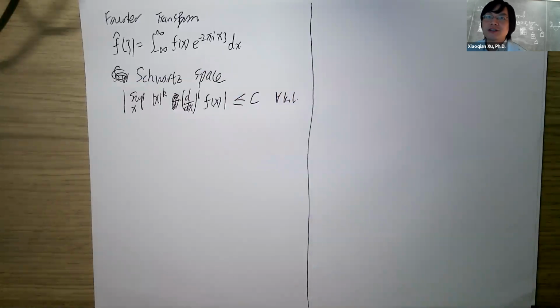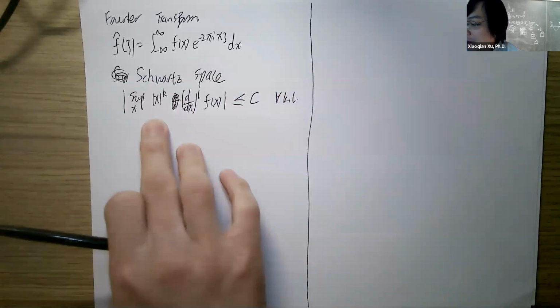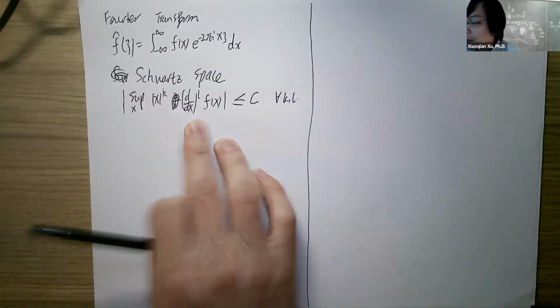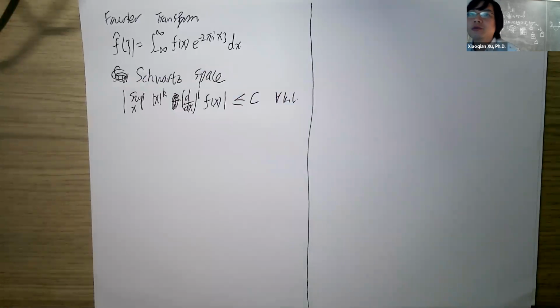You can take an arbitrary derivative, and meanwhile this arbitrary derivative decays faster than any polynomial. Those functions we call Schwartz functions, and they form a space, the so-called Schwartz space.